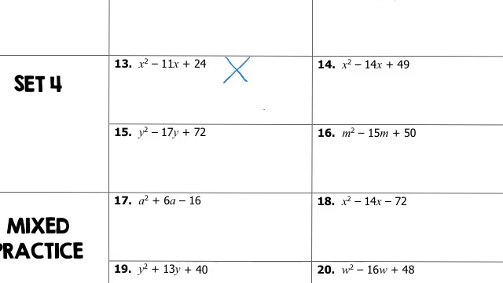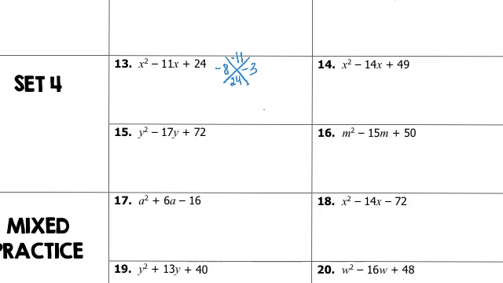Again, we want two integers that will add up to negative 11 and multiply to equal 24. Well, I'm thinking some kind of 8 and 3, right? We want this number to end up as a negative, so we need the bigger number to be negative. Oh no, they both have to be negative because the product will be positive. So negative 8 times negative 3.